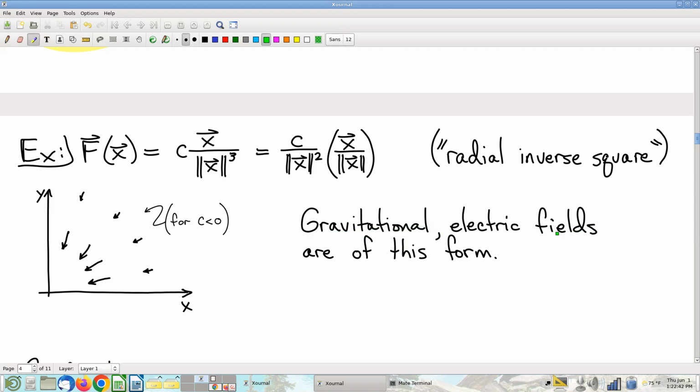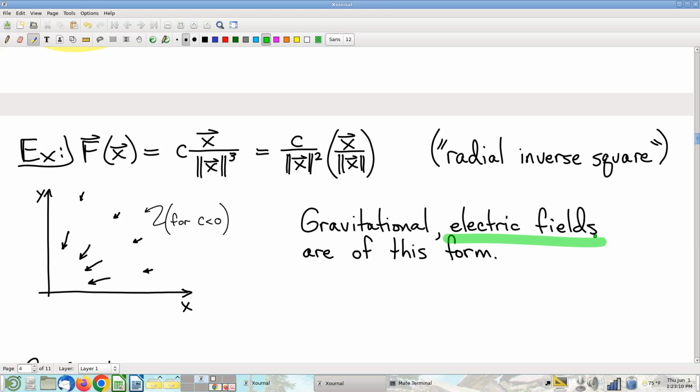Side note, and you may have seen this previously as well, but electric forces. Are you aware of how electric forces work? If you haven't had a physics course yet, it's no big deal. But in the same way that when you have two masses, there is a gravitational force attracting them toward each other, in the same way, when you have two charged particles, there is a force either attracting or repelling those two particles.